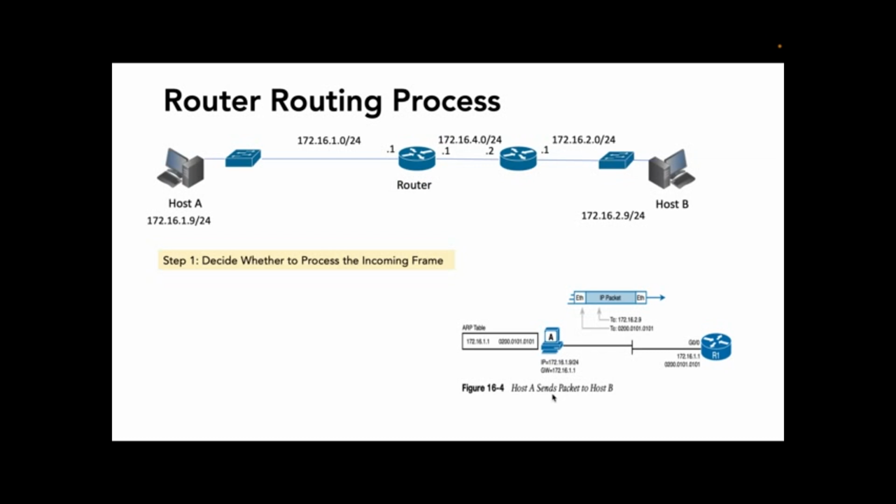two things. First, it checks if it has FCS errors, and then is the destination data link address its own address. If these two things are confirmed, if there is no FCS error and the destination data link address is the router's address, then it goes to the next step, that is de-encapsulation of the IP packet.